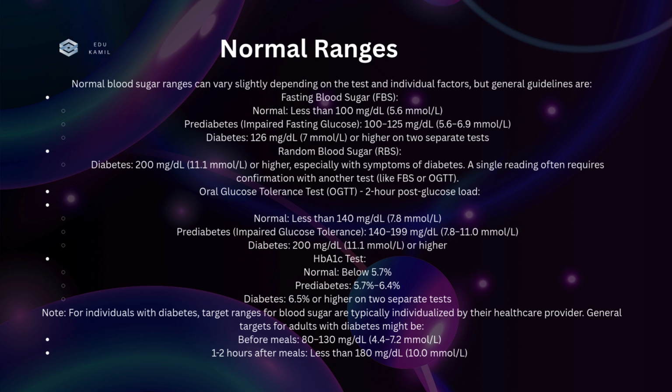HbA1c test: normal, below 5.7%. Prediabetes, 5.7% to 6.4%. Diabetes, 6.5% or higher on two separate tests.